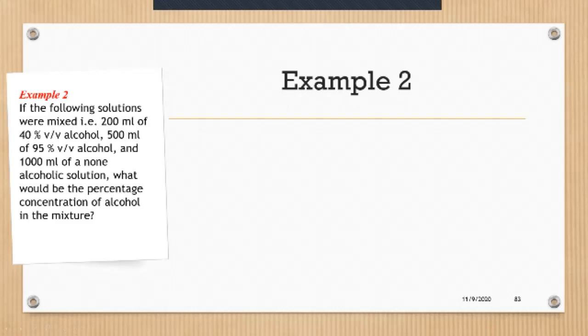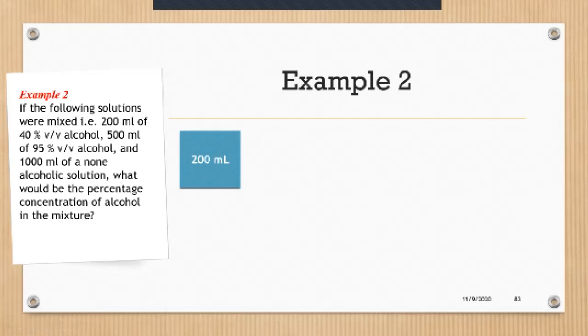If the following solutions were mixed, that is 200 mils of 40% volume in volume alcohol, 500 ml of 95% volume alcohol, and 1000 ml of a non-alcoholic solution, what would be the final percentage concentration of alcohol in your mixture? Now, again, we have to identify that we are mixing all of these liquids together.